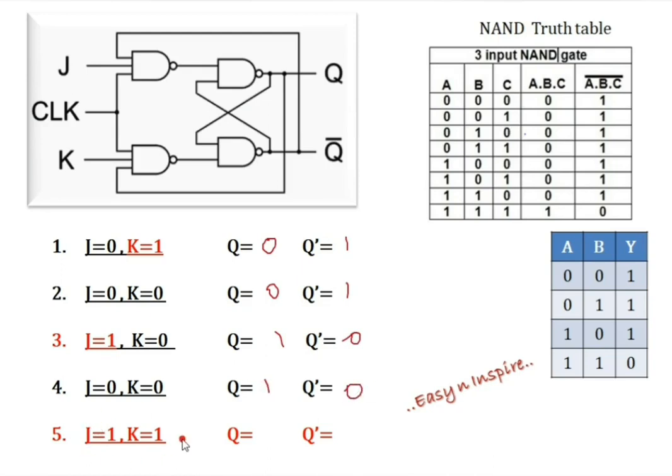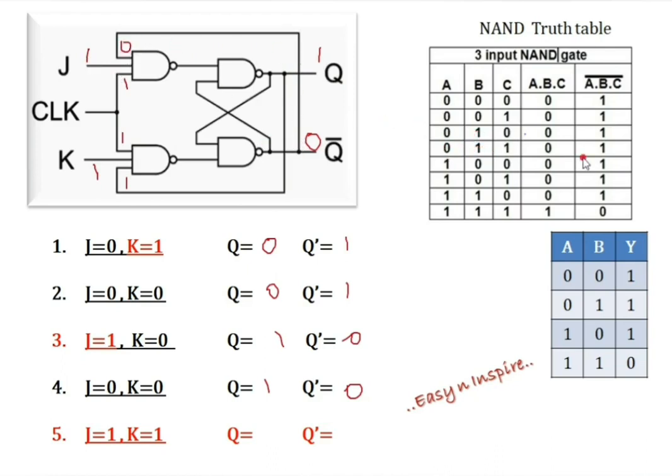For this condition, my previous outputs are 1 and 0. Clock is 1. Clock is applied here. J equal to 1, K equal to 1. Now I'm taking this previous value here, 1, 0, to here. So 0, 1, 1.